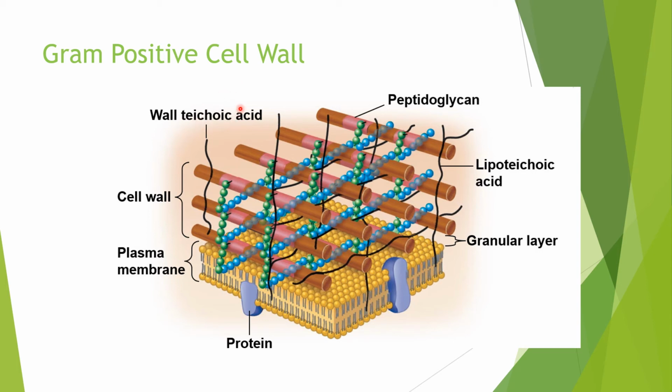Gram-positive bacteria also have those acids right here known as teichoic acids and lipoteichoic acids. Those teichoic acids act as an antigen, meaning that they're pretty specific. So each bacteria could have slightly different teichoic acids, and therefore they act as a self-antigen for the bacteria.